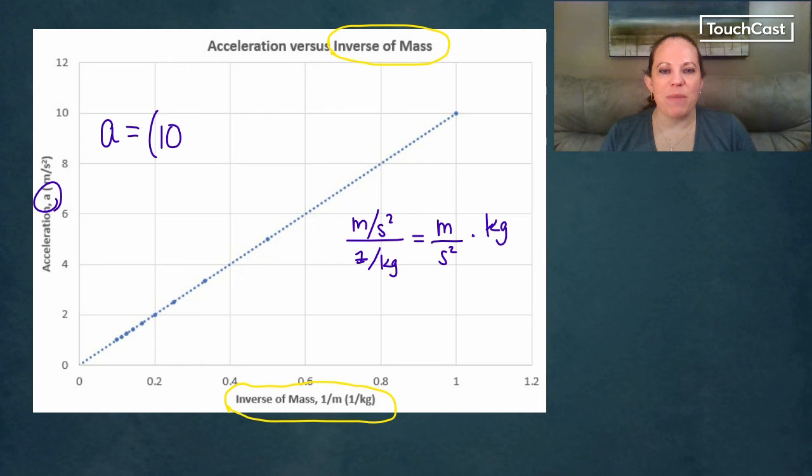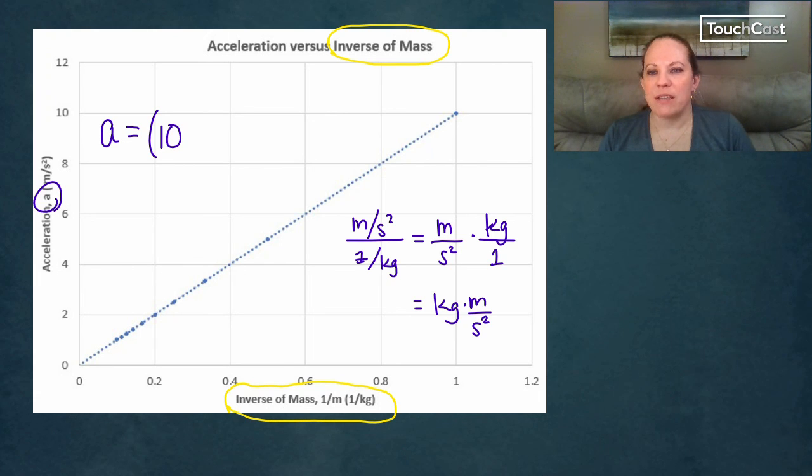So we can take our meters per second squared and multiply it by kilograms over 1 to yield final units of kilograms times meters per second squared. So we'll put our kilograms times meters per second squared up here for our slope.